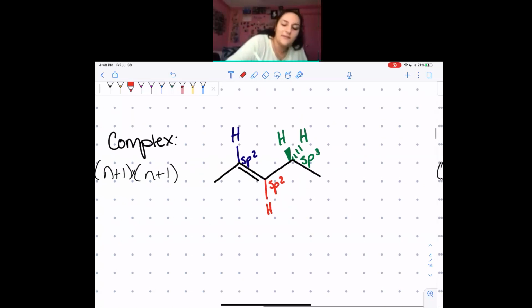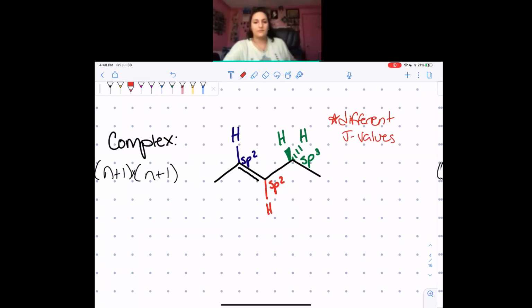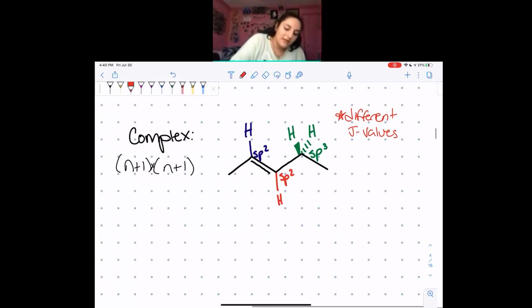So we have different J values, and that means we have to do complex splitting. I'm going to do a little red multiplication sign so you know which one we are looking at: the red hydrogen.